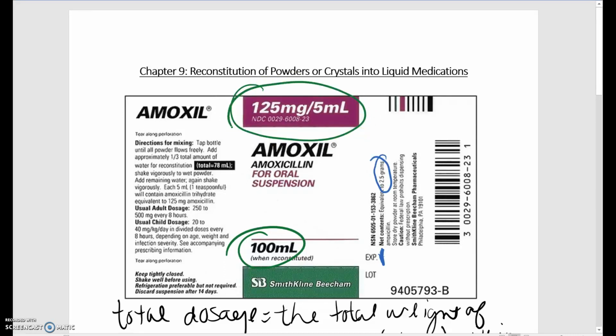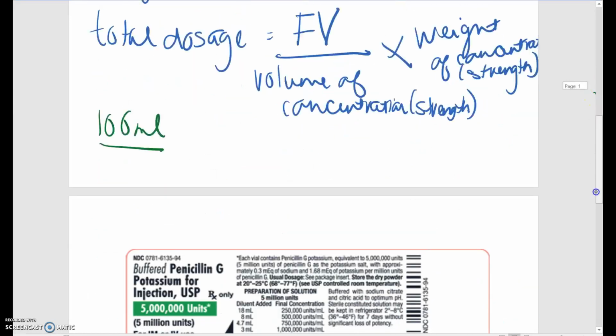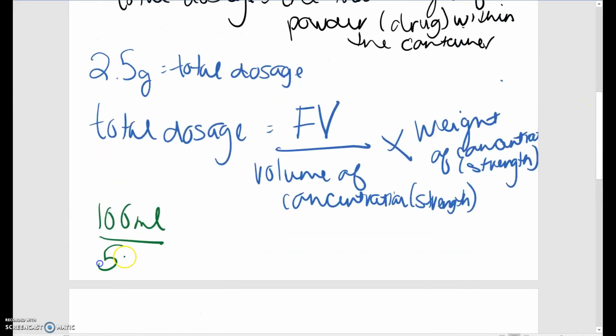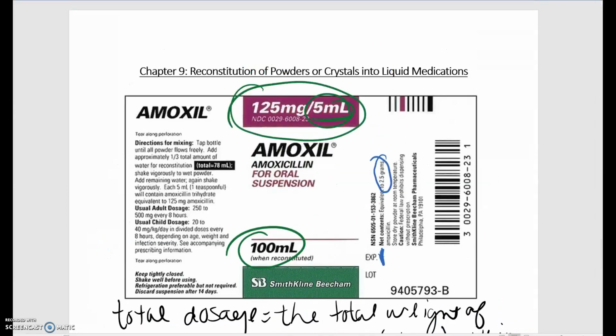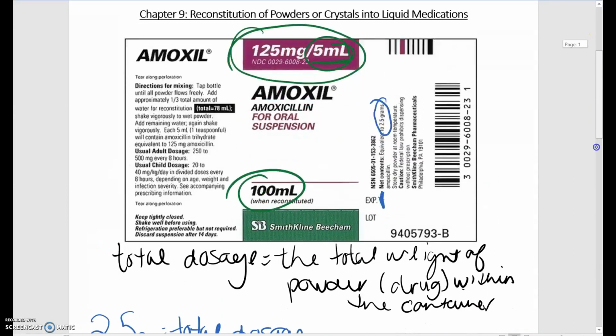The dosage volume is 5 milliliters, and you multiply that by the dosage weight, which is 125 milligrams.